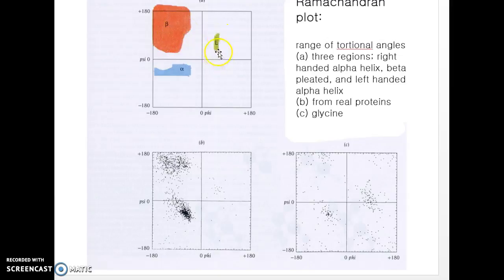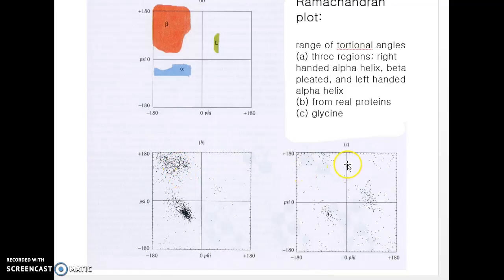The green colors for left-handed alpha helix. In B, the dot torsional angles are actually obtained from the proteins that were determined by experiment. Okay, so you see some limited positions.